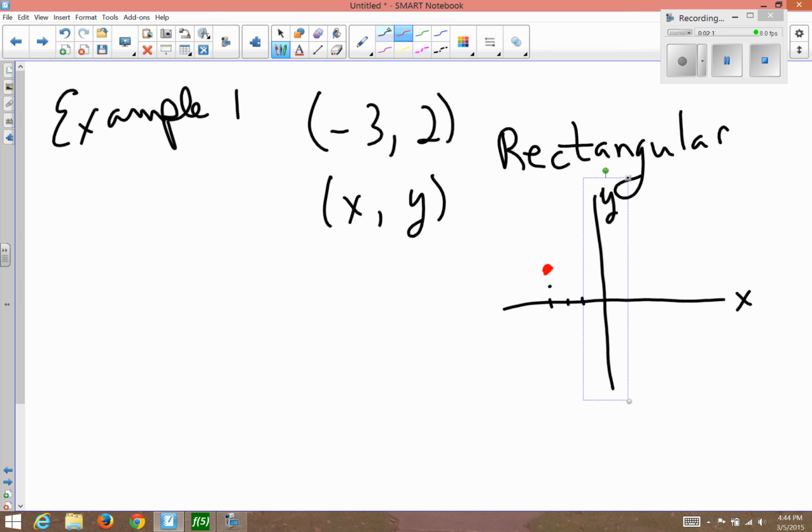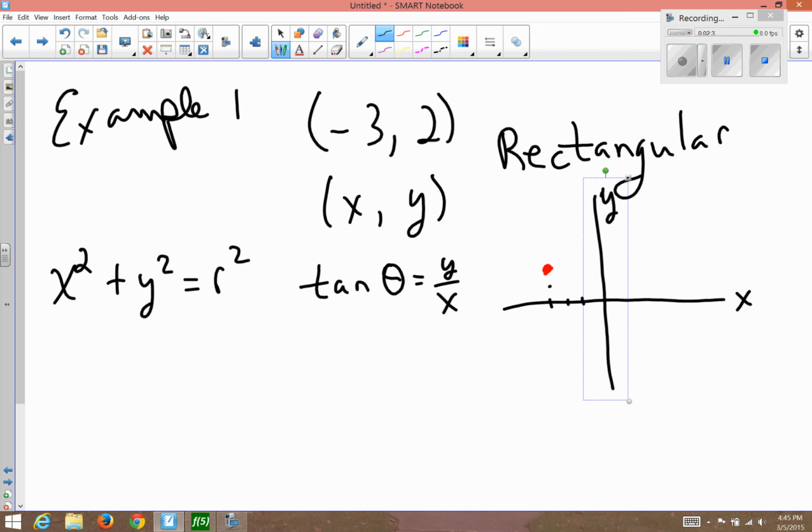We need two things to get polar coordinates. We need the Pythagorean theorem, which is x squared plus y squared equals r squared. And we need the definition of tangent. The tangent of any angle is y over x.